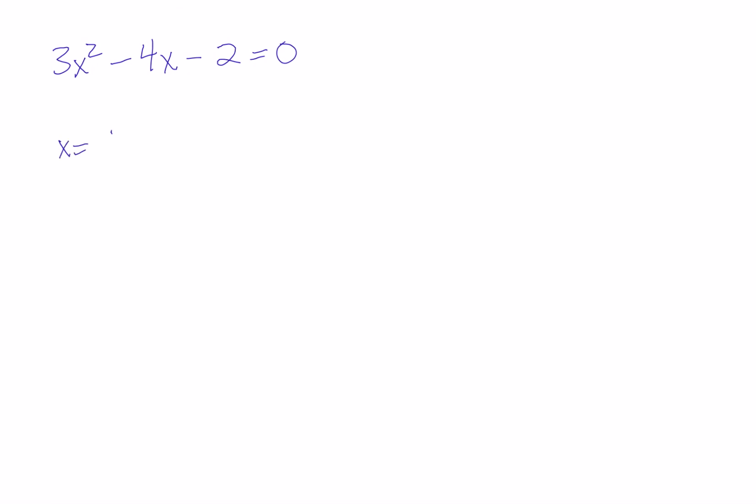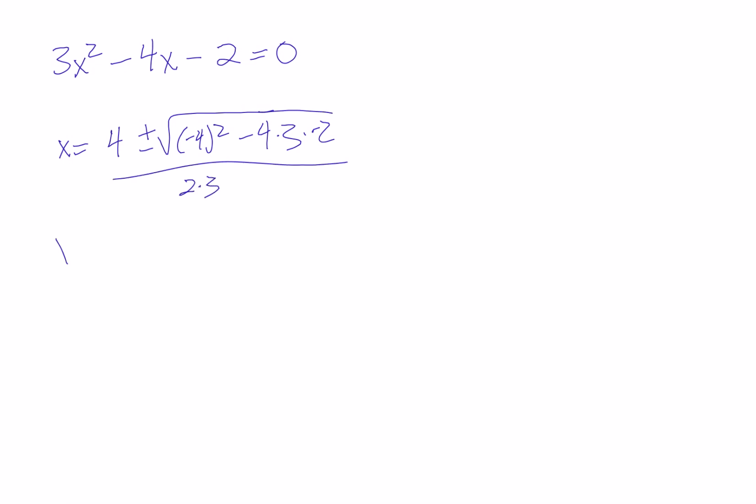So in this case, our formula would be negative b, so plus 4, then plus or minus the square root of negative 4 squared minus 4 times 3 times negative 2, divided by 2 times 3. When we work out the square root, 4 squared is 16, minus 4 times 3 is 12, negative 12 times negative 2 will be plus 24.